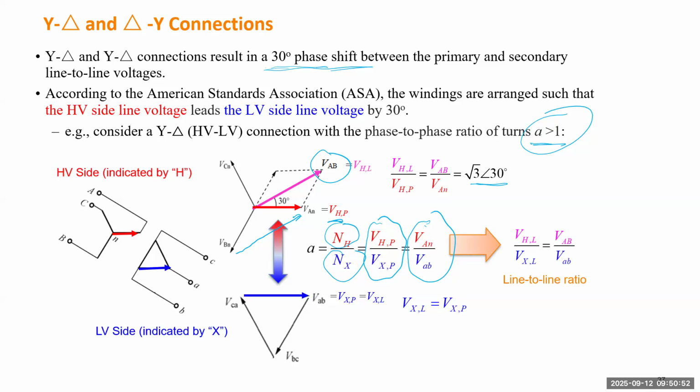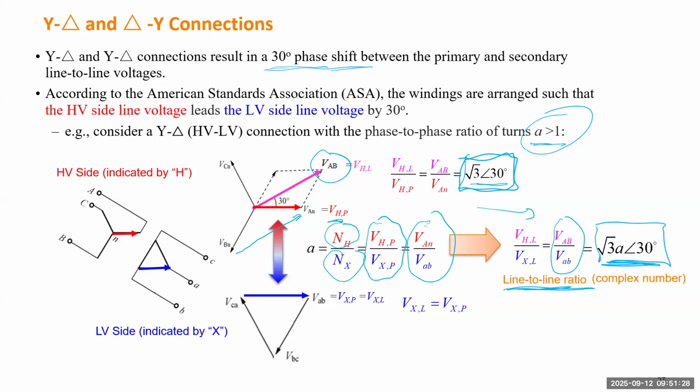Okay, so we just plug in the voltages on the high voltage and low voltage sides, so we can easily prove it if we compare the line-to-line ratio, which will be capital VAB divided by lowercase Vab. If you plug in the formula, you will get the ratio will be the original ratio A multiplied by this phase shift, and also a factor of 1.73.